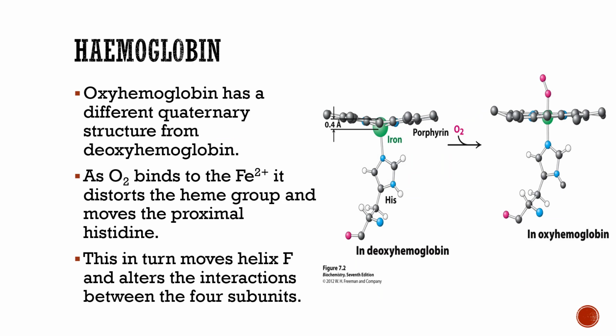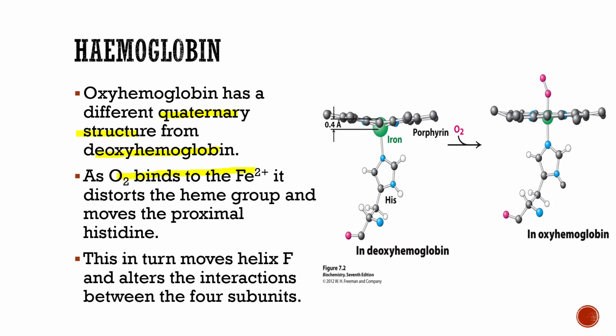Oxyhemoglobin has a different quaternary structure from deoxyhemoglobin. When oxygen is bound and when it is not bound, they have different shapes. As oxygen binds to the iron, it distorts the heme group and moves it toward the proximal histidine. This in turn moves the F helix and alters the interaction between the four subunits.